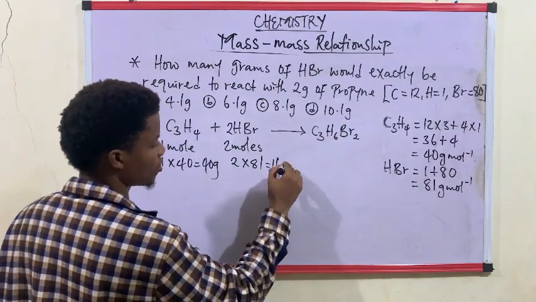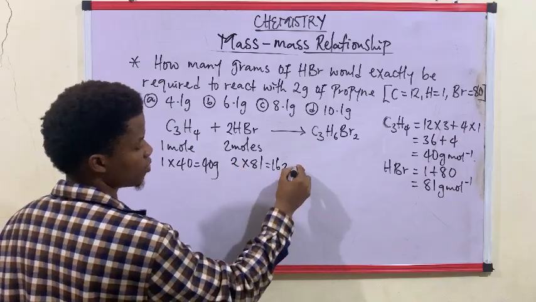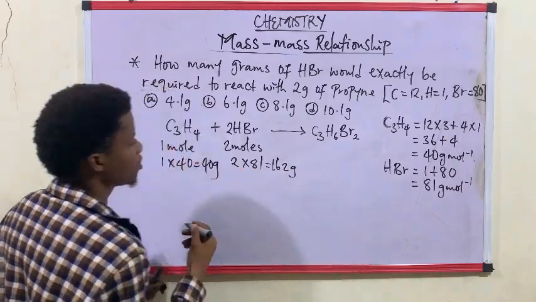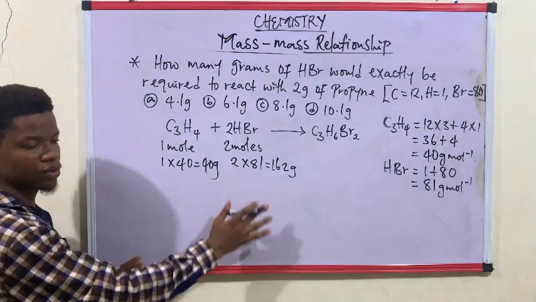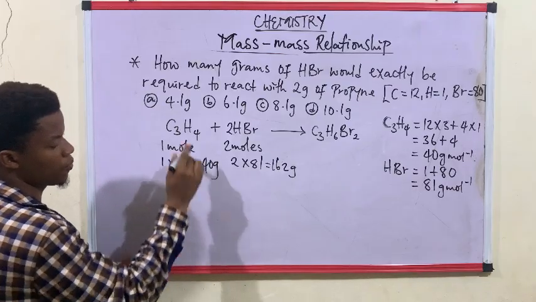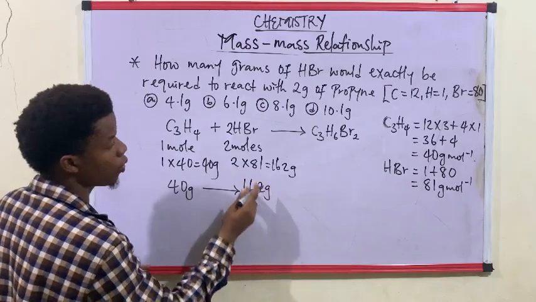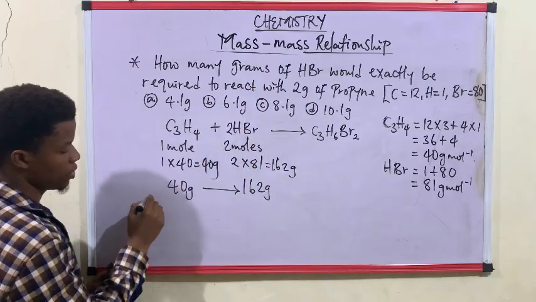Sorry, 162. Because 2 times 1 is 2, then 2 times 80, 160. So 162 gram. So therefore that means now we can start solving. So it means that 40 gram of propane needs 162 gram of HBr.